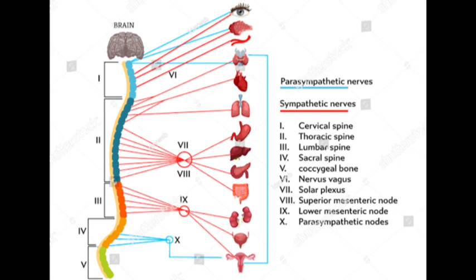The preganglionic neurons of the sympathetic system come from the thoracic and lumbar region, which is T1 to L2 of the spinal cord, and they synapse in two cord-like chains of ganglia that run close to and in parallel on each side of the spinal cord. The preganglionic neurons are short in comparison to the postganglionic ones. Axons of the postganglionic neurons extend from these ganglia to the tissues that they innervate and regulate.